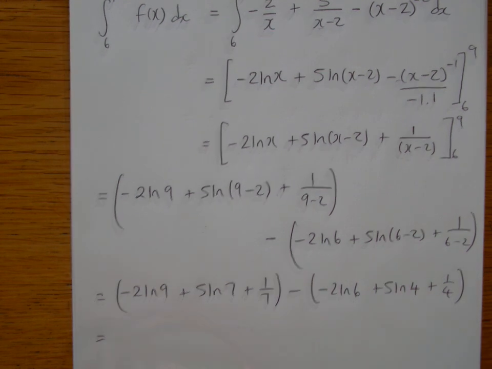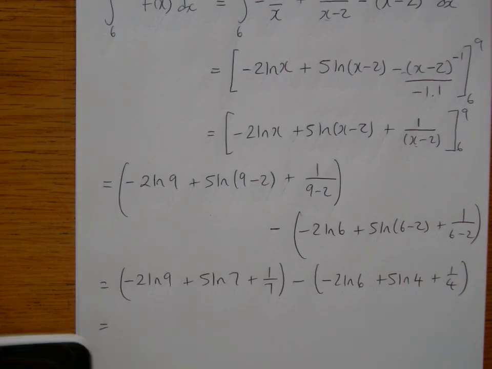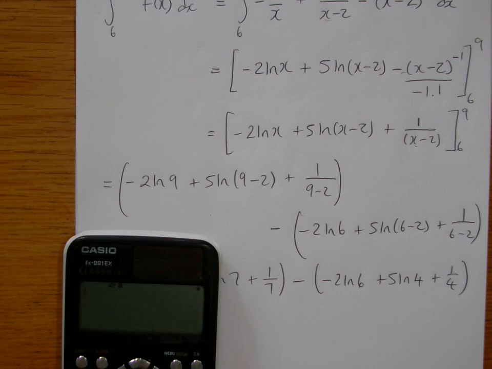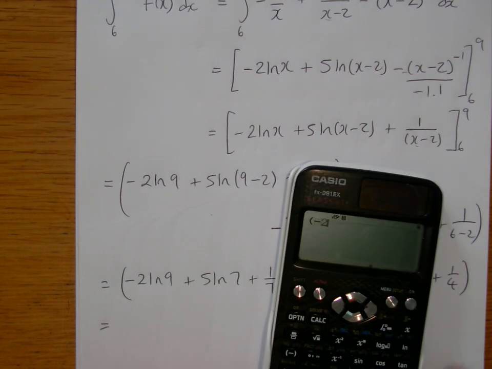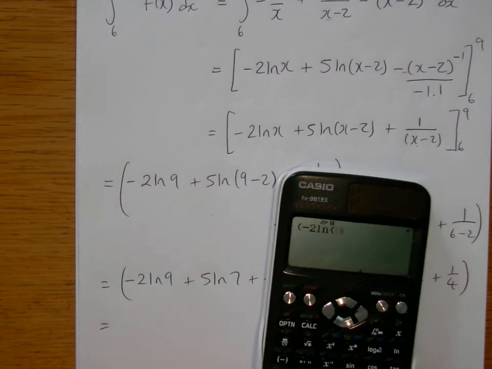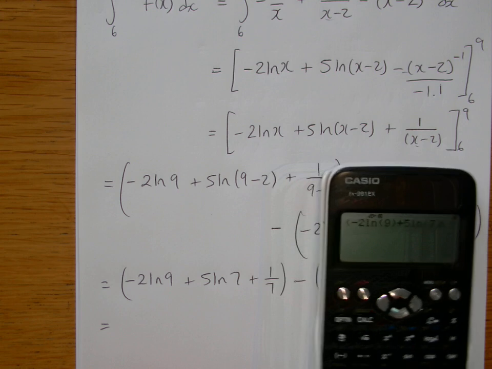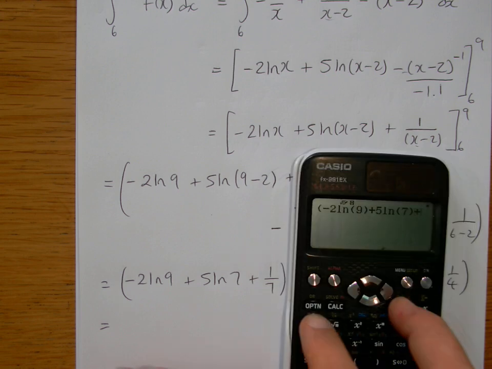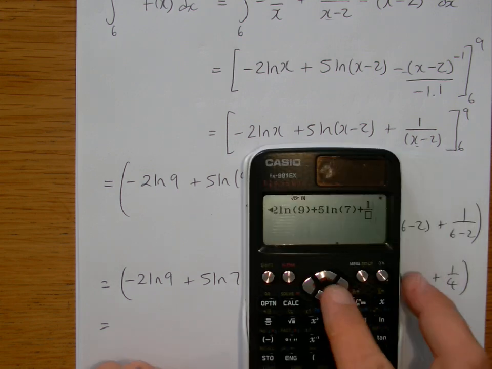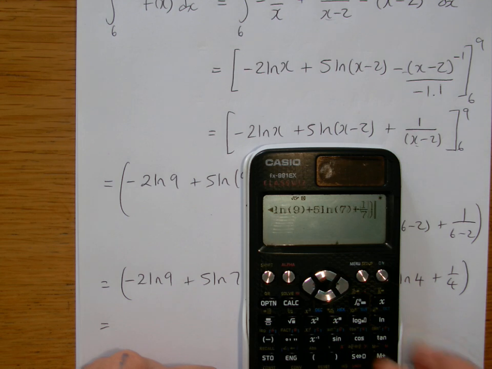So, a bit of calculator work there. We can do all this in one go. We've got minus 2 ln 9, plus 5 ln 7, and then plus 1/7. Close the bracket.